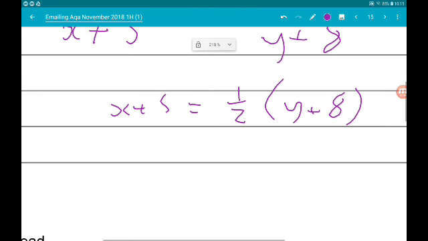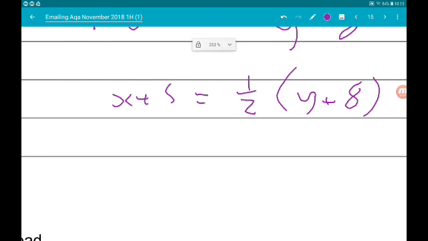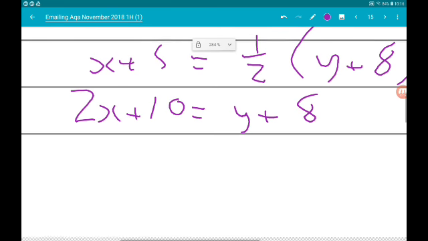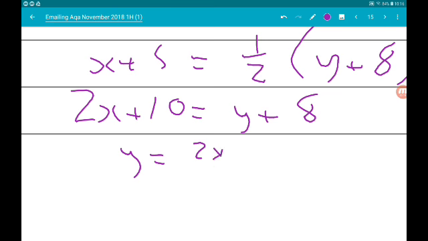Now if we multiply through by 2, 2x add 10 is equal to y add 8. Take away the 8, we get y is 2x add 2, as we wanted.